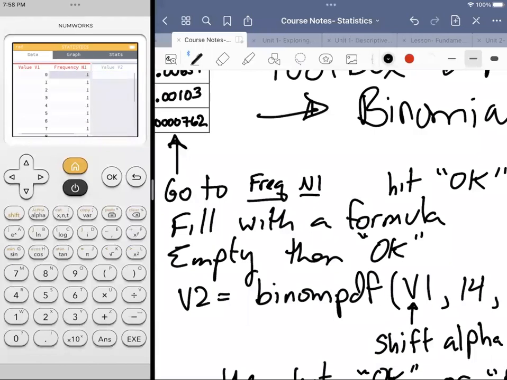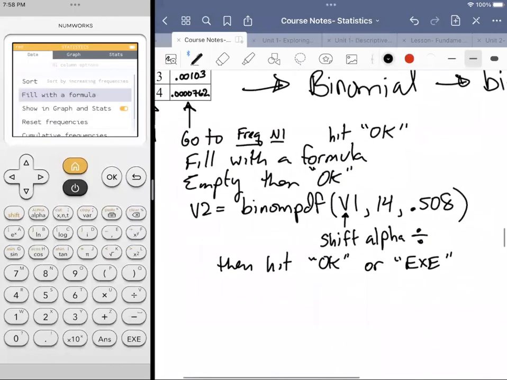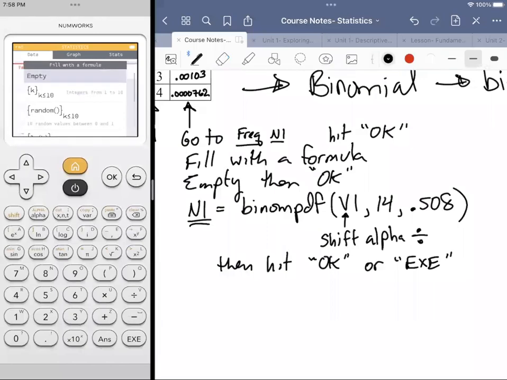All right, so we typed in all the values in V1. So we would go to frequency N1, hit OK, select fill with a formula. So all the remaining steps are still the same, except this is going to be N1. All right, so fill with a formula, empty. Then we go to our toolbox, select the first option.